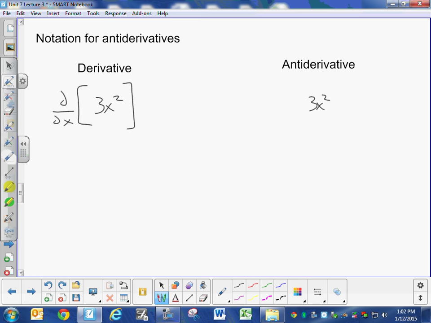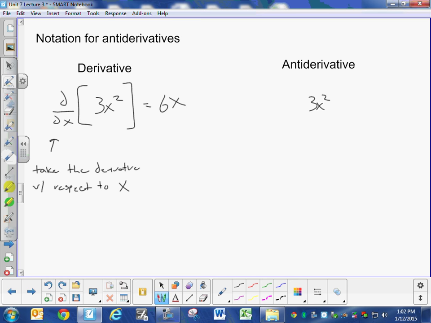This notation means take the derivative of 3x squared with respect to x. Okay? And what do derivatives give us? If I plug in values into slopes and tangents.